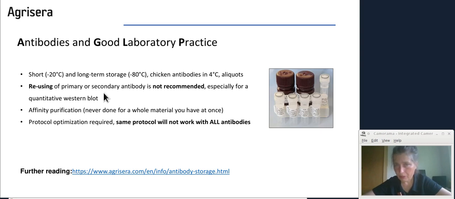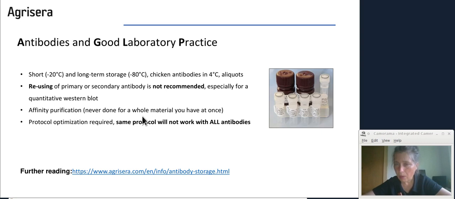Reusing primary or secondary antibodies is not recommended, especially if you are working with quantification. Also, if you ever decide to conduct or order affinity purification, please do not purify all material at once. It has happened that some antibodies may lose activity following affinity purification.